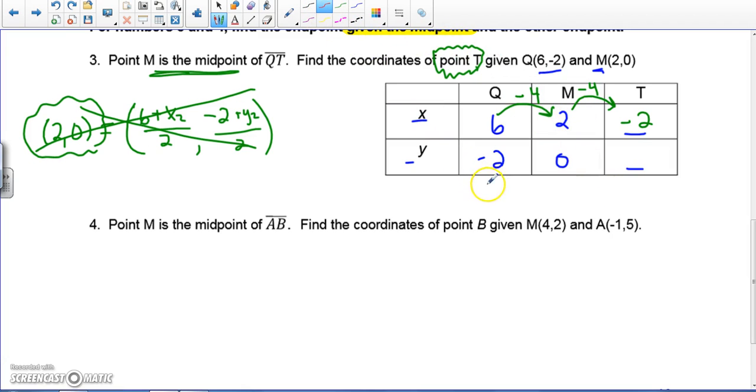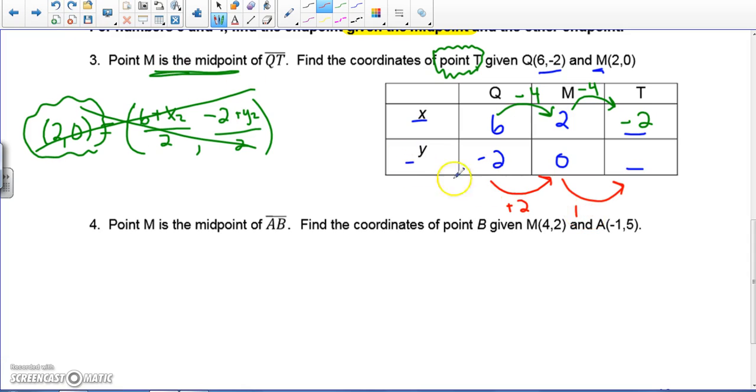So now for the y coordinates, negative 2 to 0. So you got to be really careful with your signs here. From negative 2 up to 0, we're getting bigger. That's positive 2. All right, you guys follow me? So that we're going to go the same distance. Remember, the answer is not just necessarily going to be 2 here, although I think it works out that way. All right, so it's not the difference. That's not the answer.